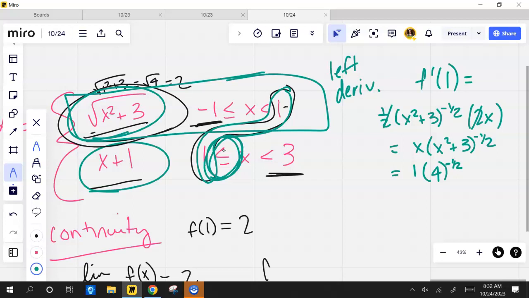What's 4 to the negative 1/2? 1 over 2. So my left-hand derivative, because I'm coming in from the left side, is 1/2. If my right-hand derivative matches that, then I know it's also differentiable on its domain.